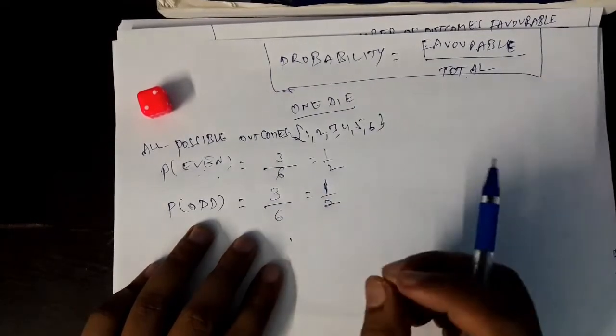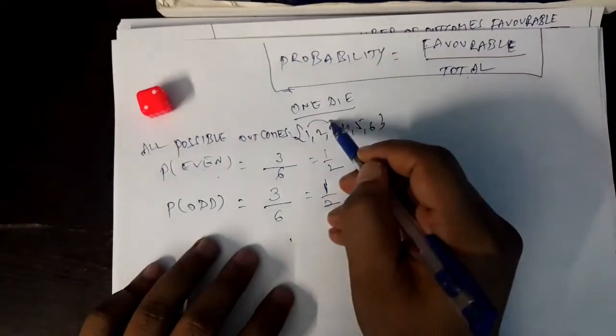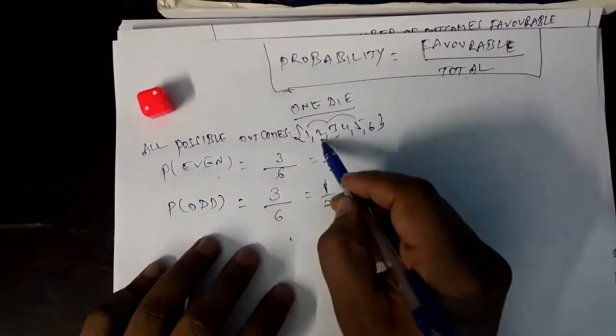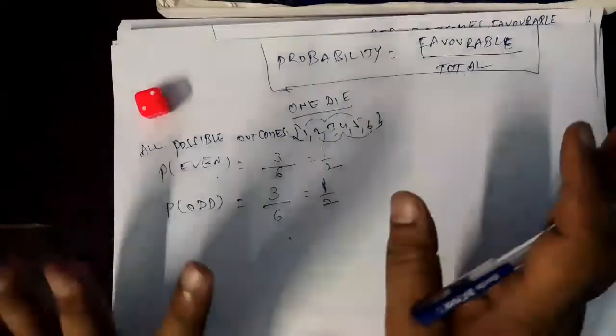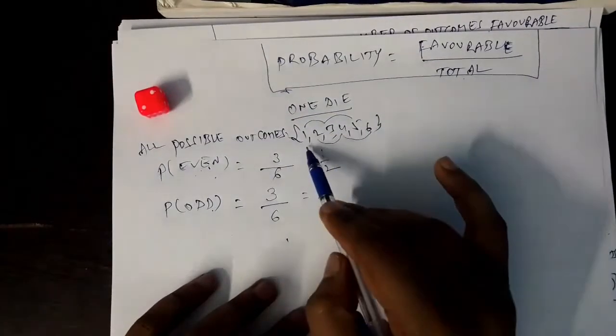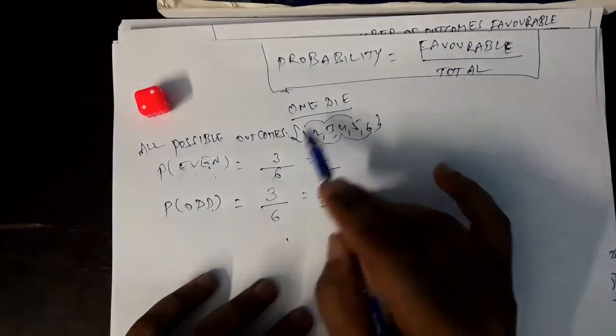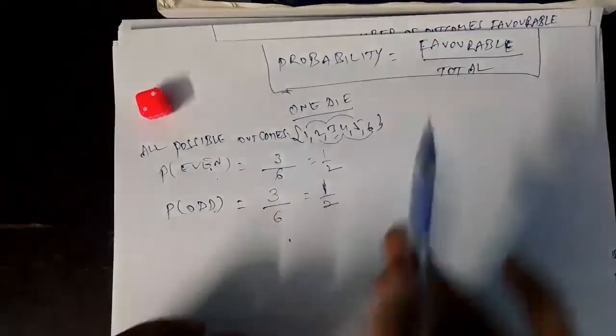Right? You observe one more thing here. See, 1, 3, 5 are odd numbers. 2, 4 or 6 are even numbers. Of course, these two events are not complementary events by themselves, but they are events. See, outcomes of these two events together are forming the complete all possible outcomes of the experiment, is it not?